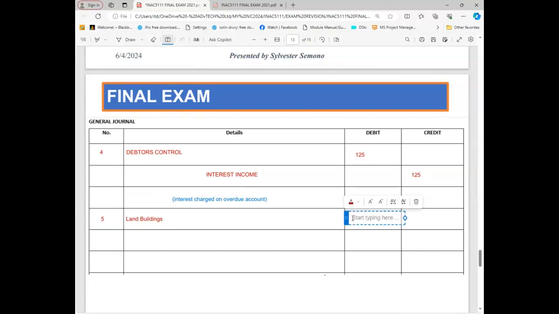Just come here and say 85,000. Remember, we're just correcting the mistake here. 85,000, and then the other account will be stationery, which is 85,000. Narration, just say correction of error.